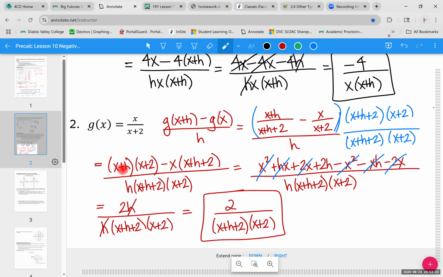Then I FOILed this out and distributed my negative x. A whole bunch of things canceled, and I was left with just 2h on the top, which allowed me to cancel the h's. Spoiler alert, the h always cancels. Then I was left with just 2 over the remaining 2 factors in the denominator.